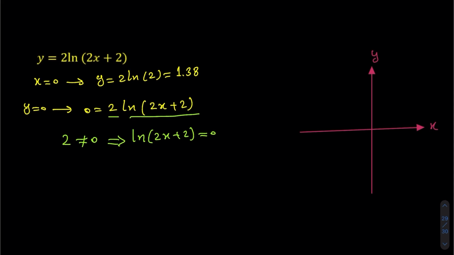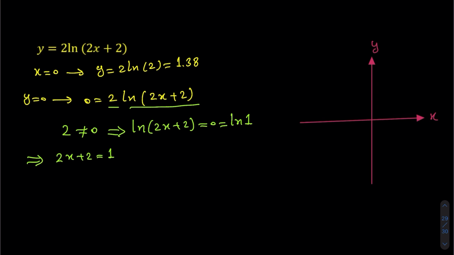And instead of 0, I would like to write ln 1, right? So therefore I can conclude the same as the previous example from here onward. So we can say 2x plus 2 must be equal to 1. We can conclude that. And then x will be equal to negative 1 over 2, right?